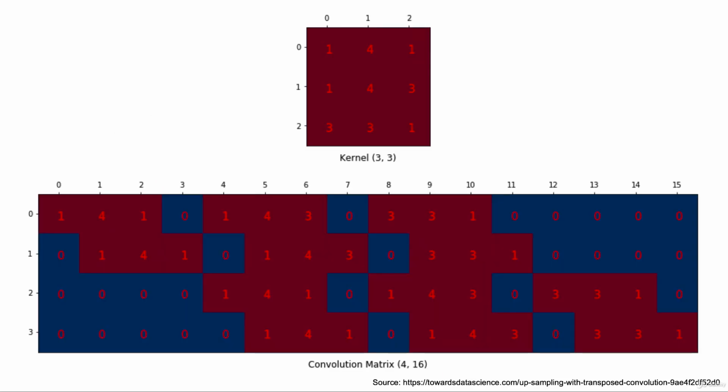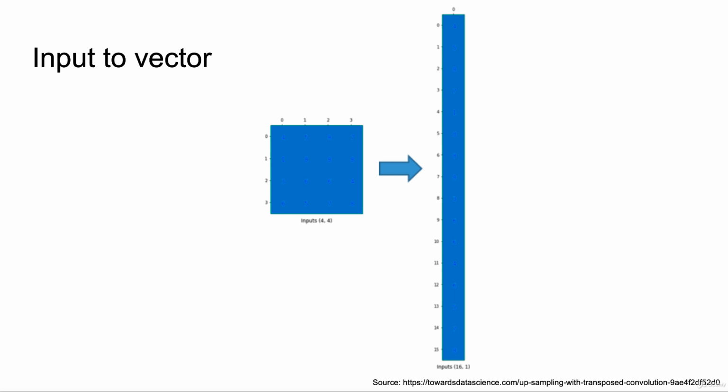Convolution operation is usually performed as matrix multiplication. Here you can see at the top the kernel, which transforms to a convolutional matrix, and if the kernel is 3 by 3, it transforms to a convolutional matrix of 4 by 16. So you can see how it is usually done. All this is done in libraries such as PyTorch or TensorFlow, so all convolutional operations are performed using matrix multiplication. We transform the kernel to a convolutional matrix, then we transform our input image into a vector.